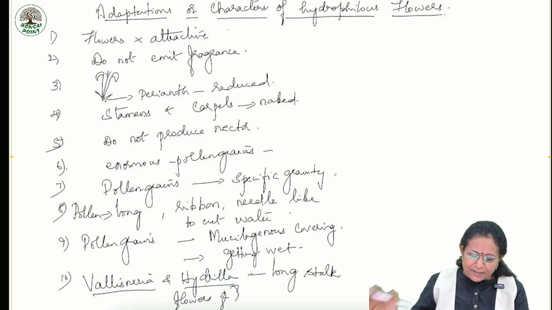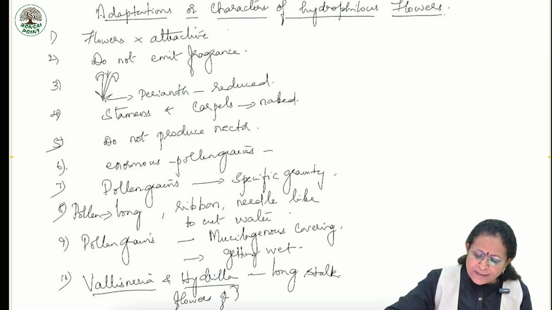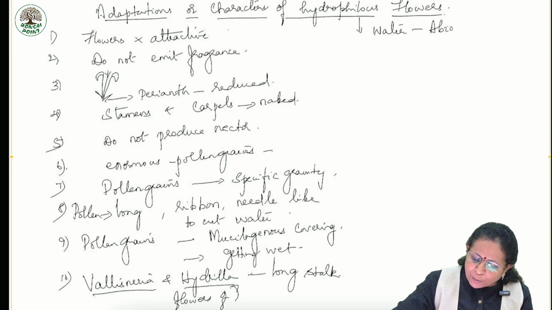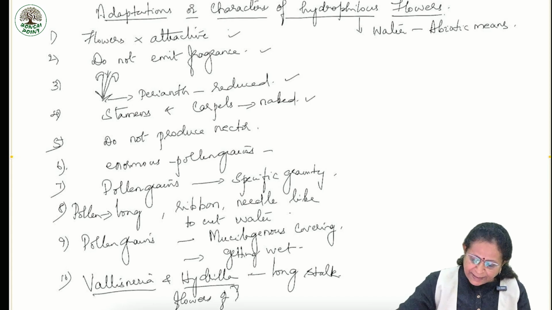Yes, let me just brush up for you the adaptations of hydrophilous flowers. Hydrophilous flowers means pollination by water, which is an abiotic means. Thus the flowers are not attractive, do not emit fragrance, the perianth is reduced, stamens and carpels are naked, and they do not even produce nectar. Enormous amounts of pollen grains are produced to compensate the loss.